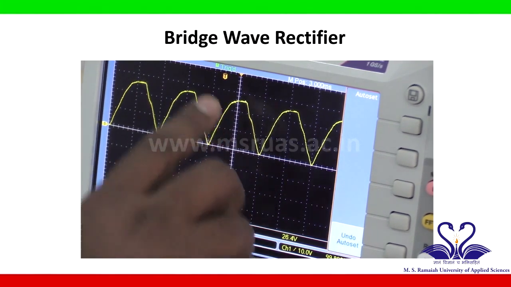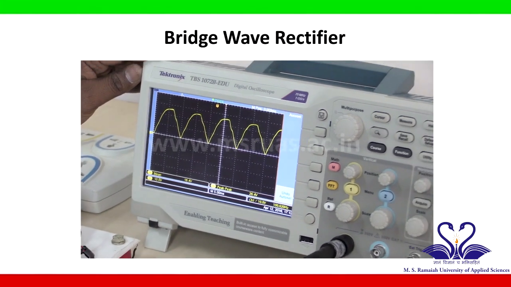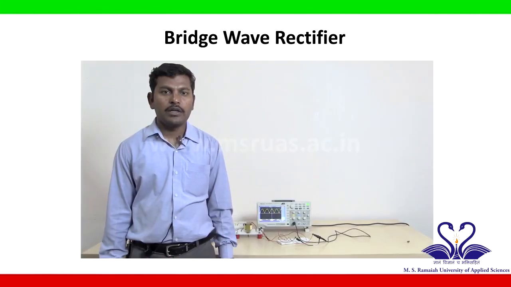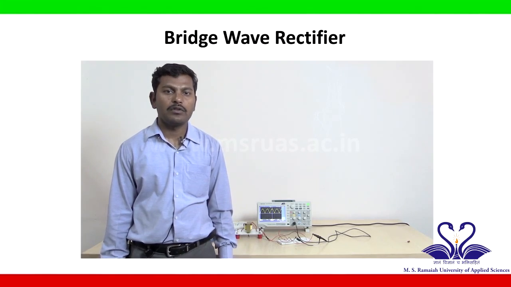This is the output voltage we are getting for the bridge wave rectifier. We will tabulate this value in the given tabular column. Now we are done with the bridge wave rectifier without filter. We have observed and measured the output voltage value.